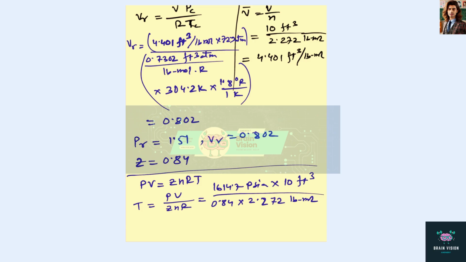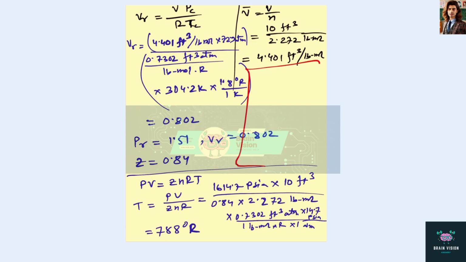The number of moles is 2.272 pound mole, and the gas constant is 0.7302 feet cube atm divided by pound mole Rankine. Now we need to convert atmospheric pressure to pounds per square inch. Therefore we need to multiply it by 14.7. And once we do this calculation, we will get the temperature is 788 Rankine.